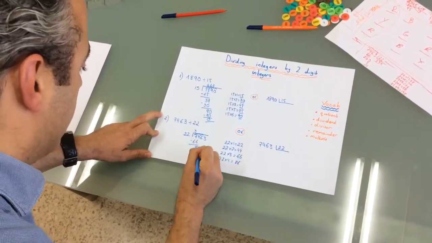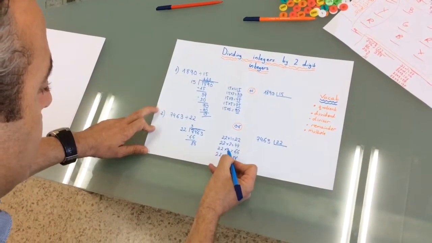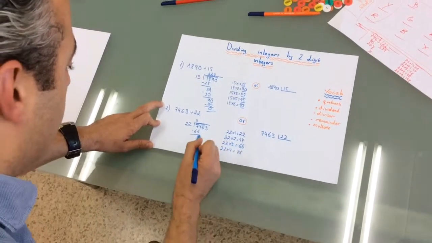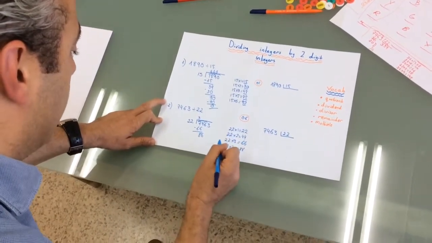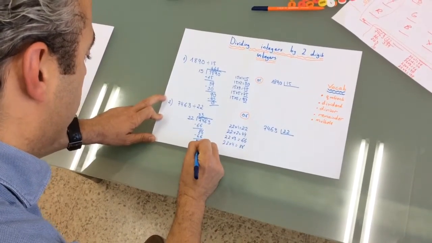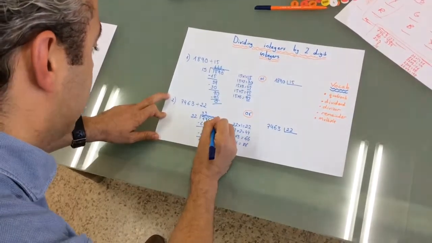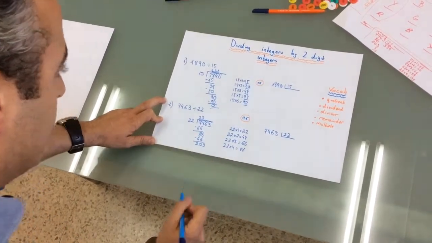Let's bring down the next number, 86. It's close, but it's too big. Therefore, I have to use the 3 again. So I multiply 22 times 3, which is 66. Remainder 20. And I have to bring the last digit, which is 203.